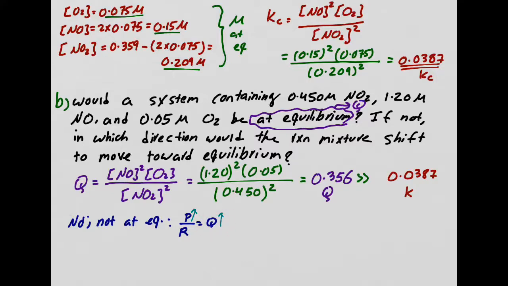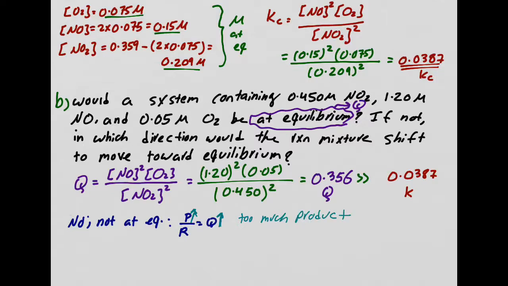So because Q is larger than K, that means I have too much product. Because again, if this goes up, that means I had too much product, and that's what makes the Q a large number. So what this means is I have too much product.